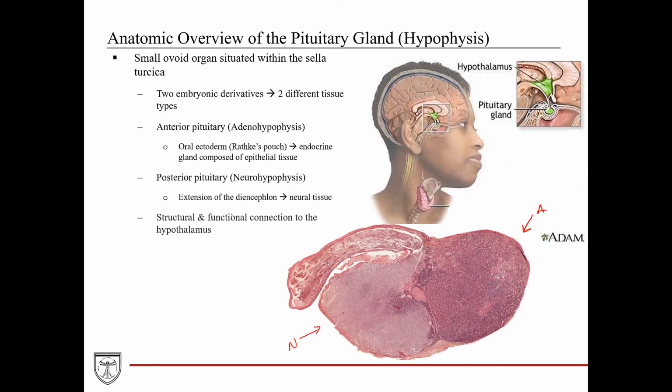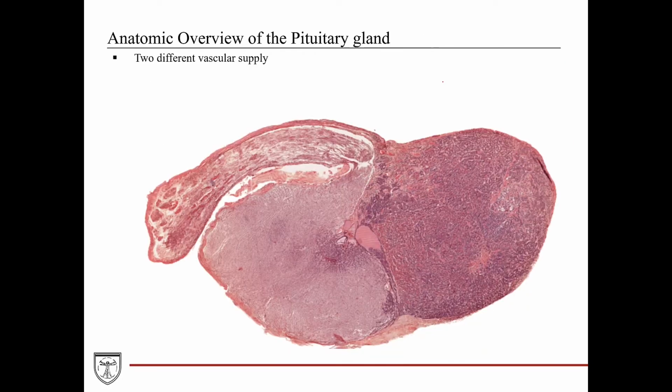And as mentioned earlier, the pituitary gland is structurally and functionally connected to the hypothalamus. Now, considering that the pituitary gland is an endocrine organ which releases its hormones into the bloodstream, it is very important to understand that there are two different vascular supplies that support the tissues and functions of the pituitary gland.